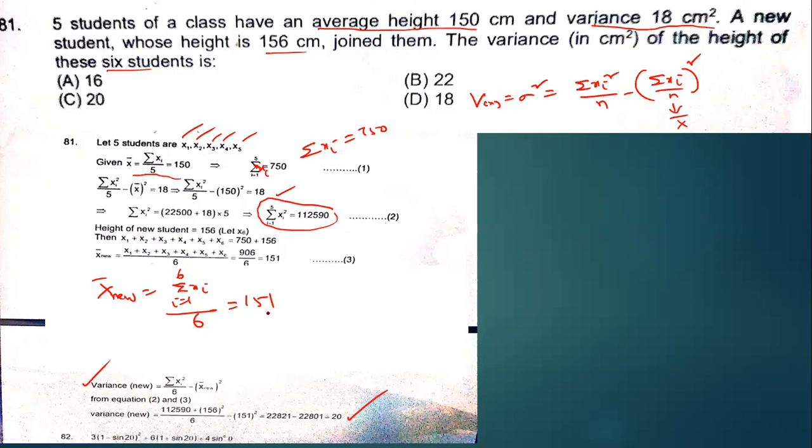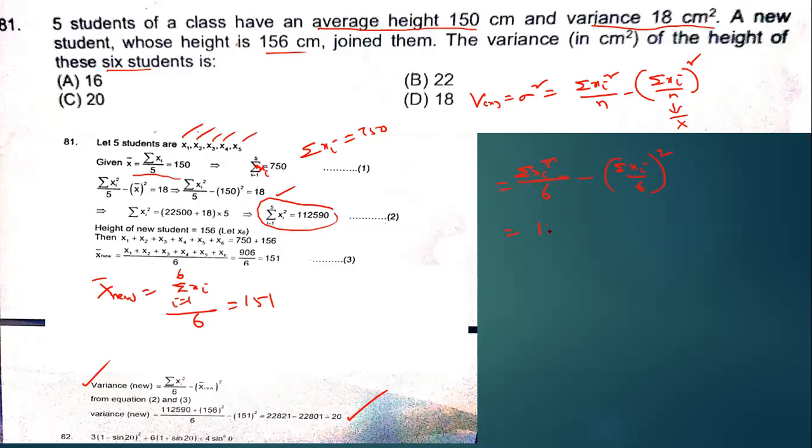Here, sigma x square is given, plus x6 whole square they are adding, divided by 6, minus the new average. That is the meaning.